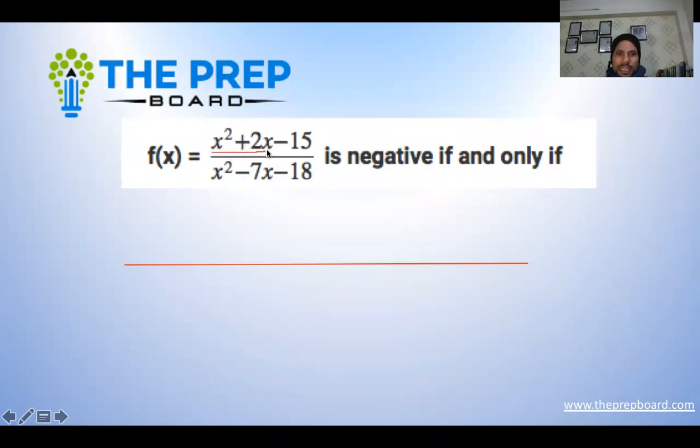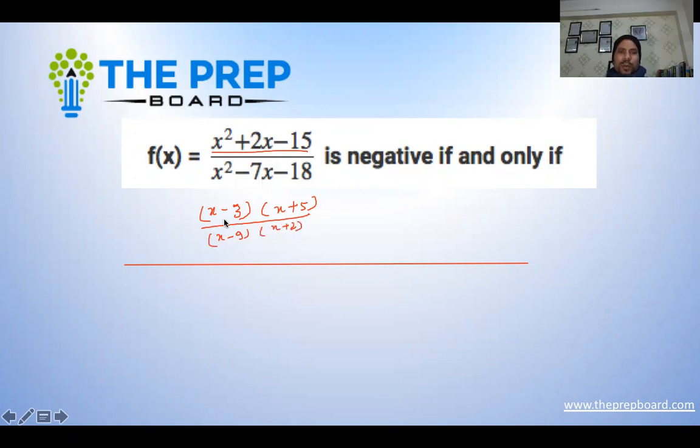The expression x square plus 2x minus 15, we can factorize like (x minus 3) into (x plus 5), and the denominator x square minus 7x minus 18 can be broken as (x minus 9) into (x plus 2).